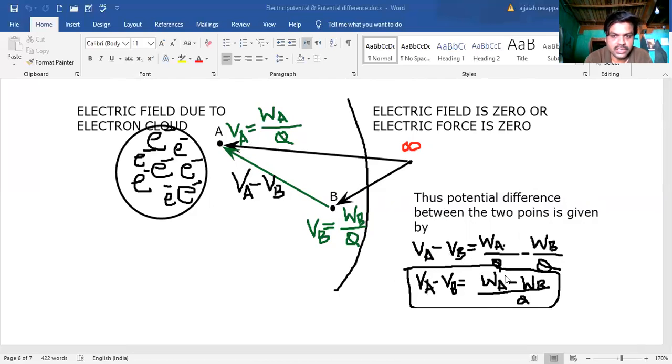Remember, for potential difference, we have two expressions. One is this. This we use when the work done to move the unit charge to two different points is given, WA minus WB divided by Q. And one more equation is there.